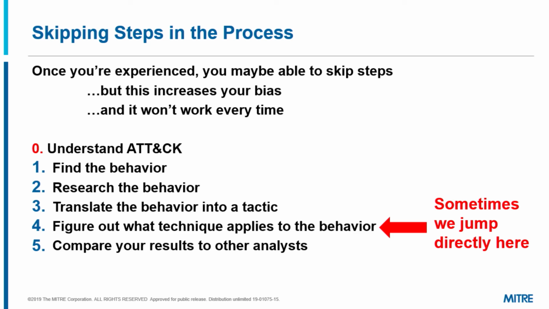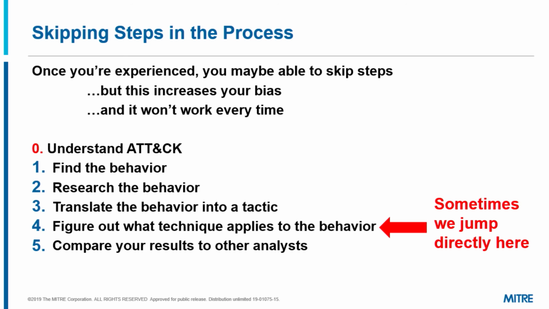As we wrap up this module, we've talked about this process of mapping CTI to ATT&CK, understanding ATT&CK, finding the behavior, researching it, translating it into a tactic, figuring out what technique applies, comparing your results. That seems like a lot, and maybe you think, hey, with something like PowerShell, I can skip right to step 4. I know what technique that is. Yeah, absolutely.